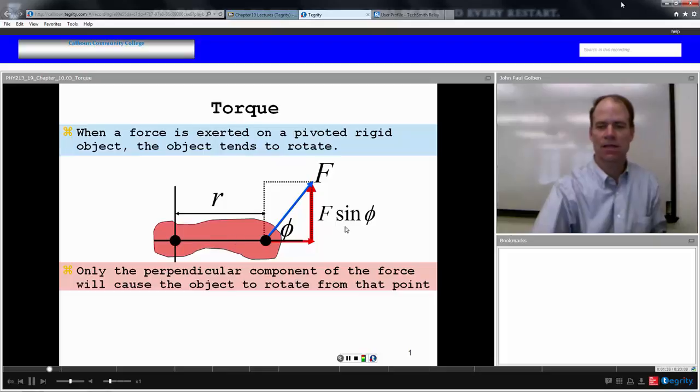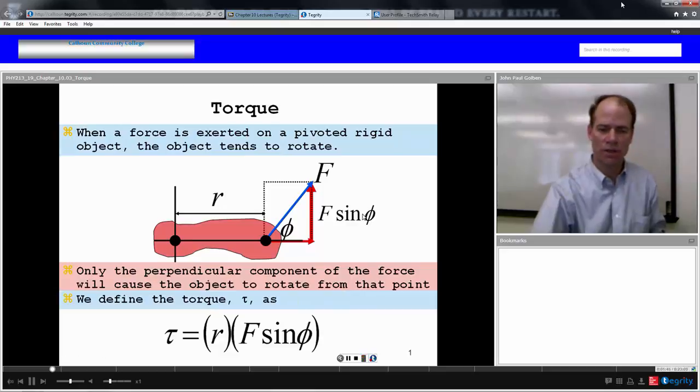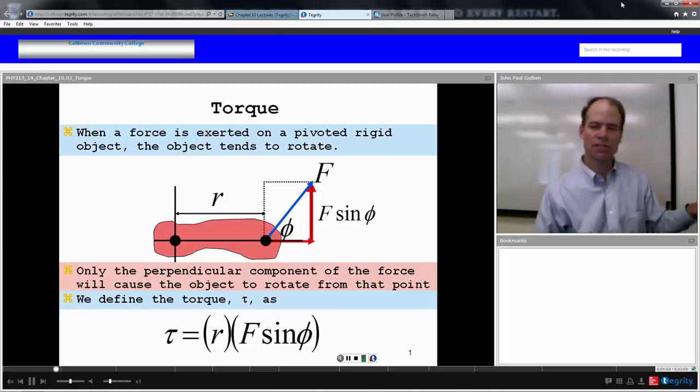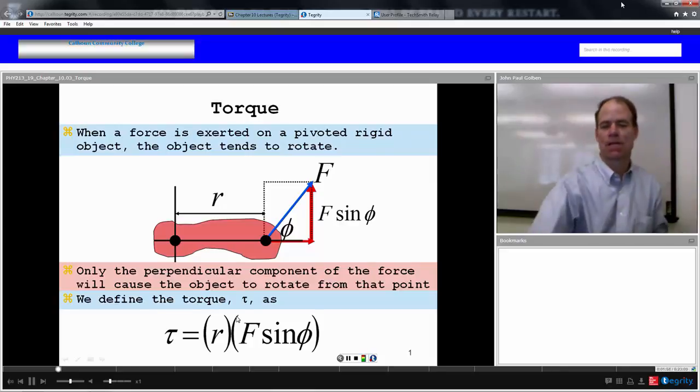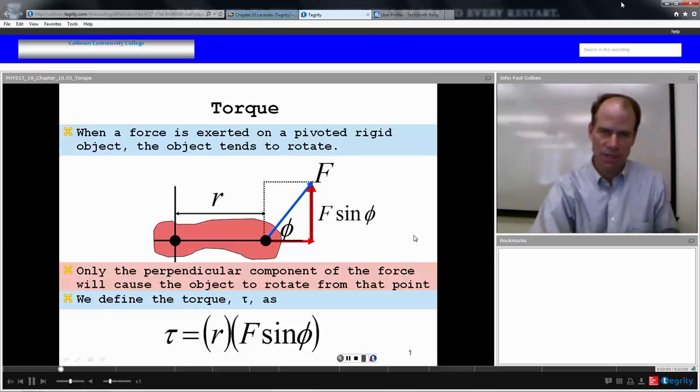And hence we'll have this distance r times this perpendicular component F sine phi, and our torque will then be r times F sine phi, where phi is the angle between the radial direction and the direction of the force. So torque is r times F sine phi. We'll have units of newton meters.